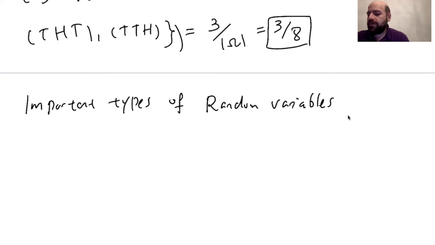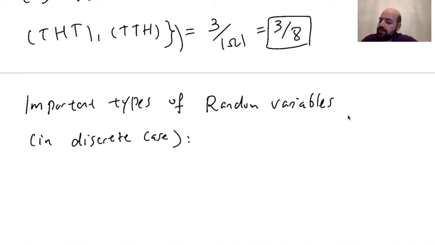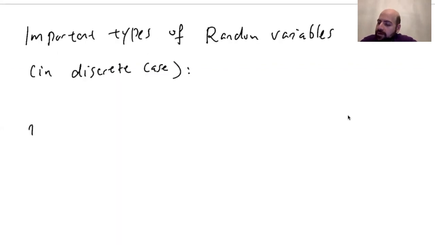Of course, we are looking at the discrete case right now. So what are the important types of random variables? One important type is a binomial random variable.